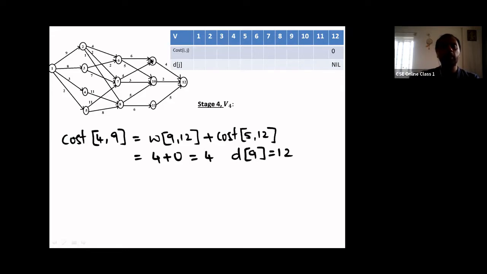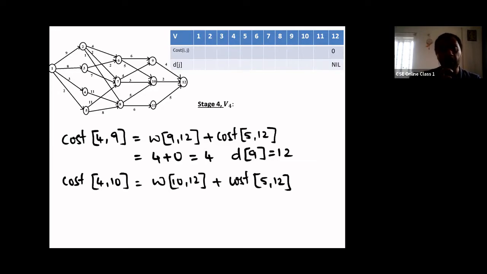So therefore the direction for 9, once you reach 9, where do you have to go? You have to go to 12. Right? So we will fill this value: cost of 9 is filled with the value 4, and D of j, that is D of 9, is taken as 12. Similarly, 4, 10, 4th stage vertex 10. Once again, it has a single outgoing edge.